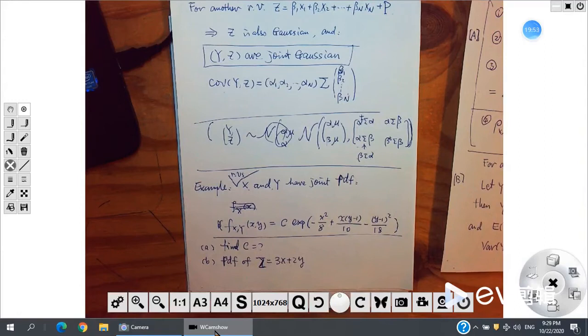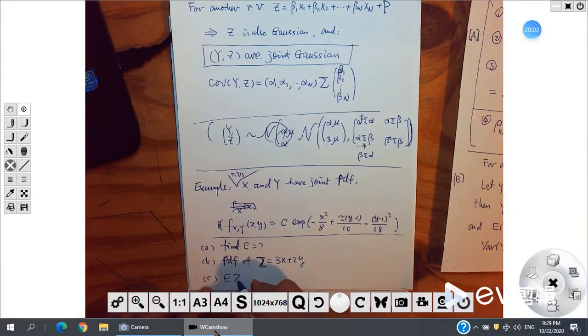I want the PDF of this one. And then of course we want to know the mean of Z and the variance of Z.